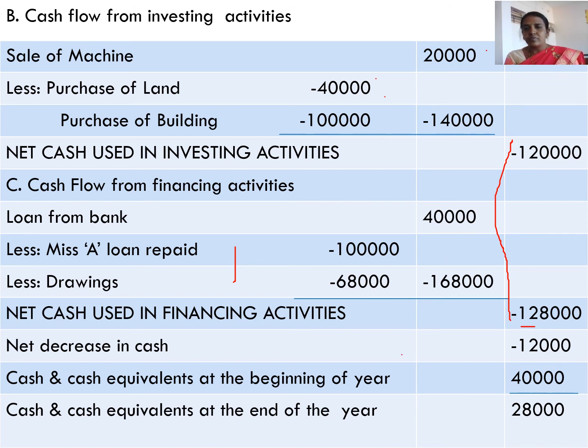Cash and cash equivalent at the beginning of the year was rupees 40,000, and 40,000 rupees minus rupees 12,000 is equal to 28,000 rupees. This is the cash at the end of the year. Like this we have to prepare a cash flow statement.